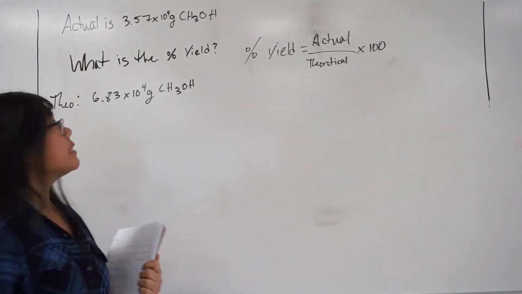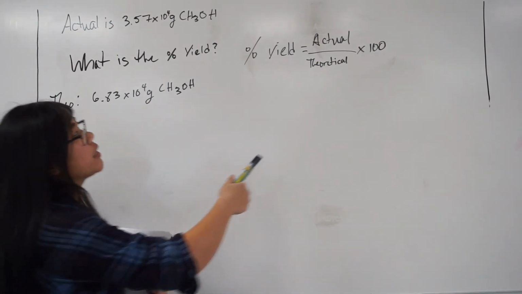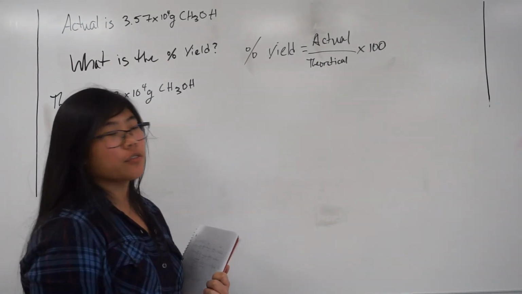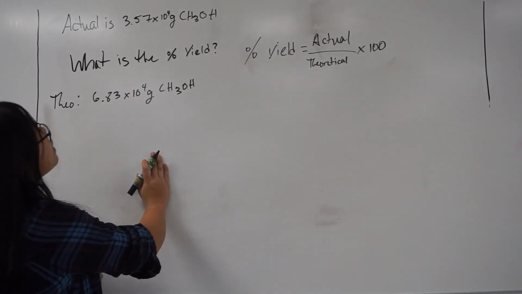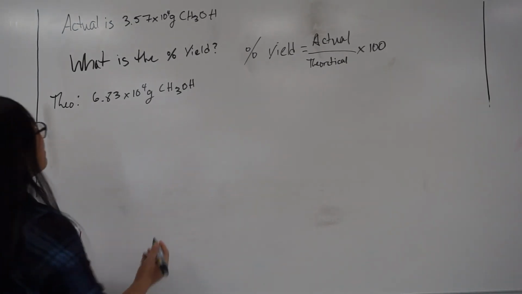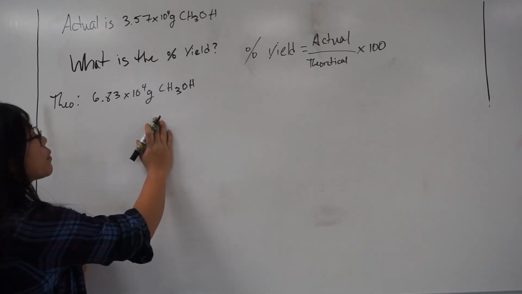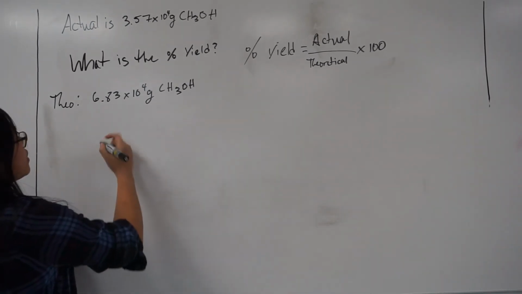So the next thing we need to answer is, what is the percent yield? The percent yield equation is the actual amount divided by the theoretical times 100. They gave us the actual, 3.57 times 10 raised to the 4th grams of CH3OH, and we found that the theoretical was 6.83 times 10 raised to the 4th grams of CH3OH. Now we just need to plug it into the equation.